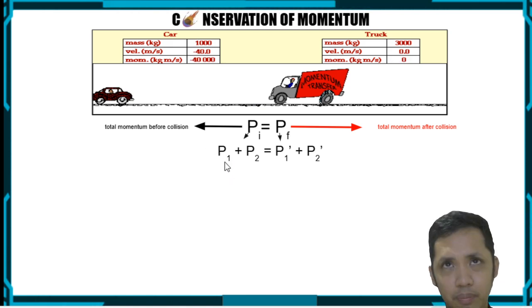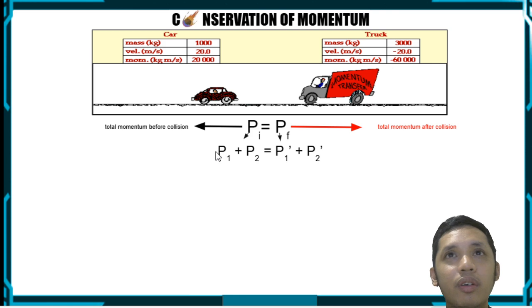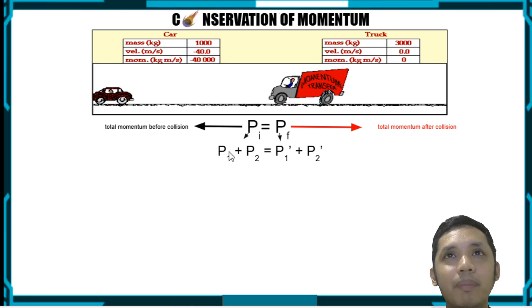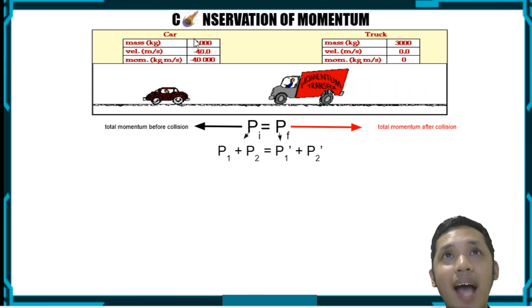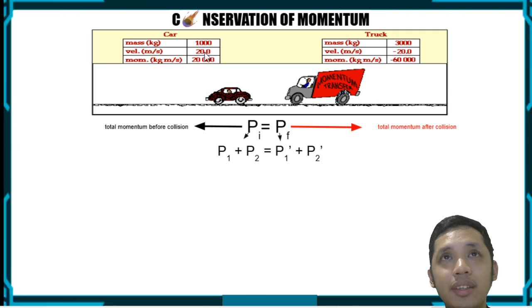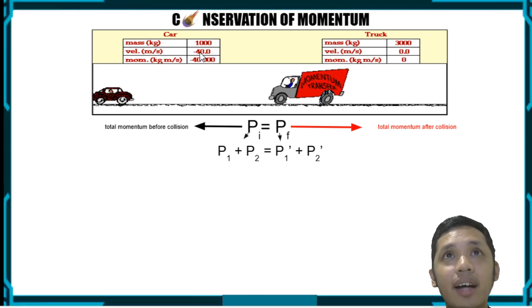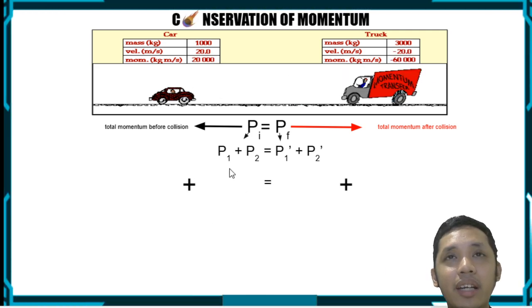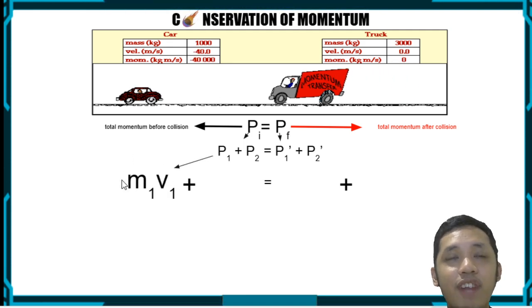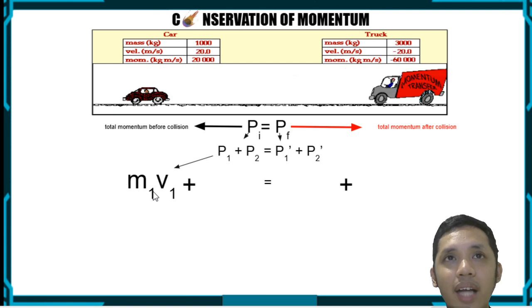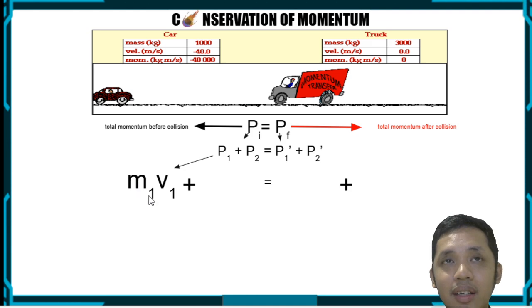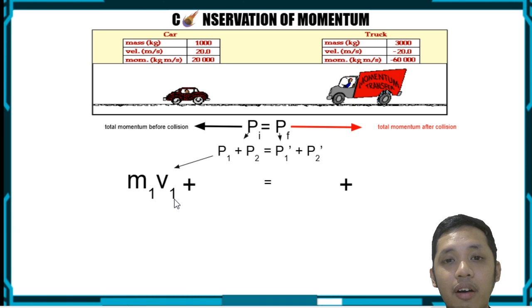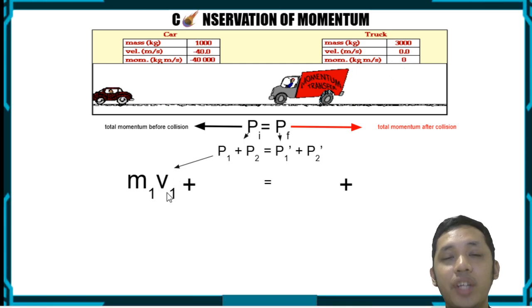So, for this scenario, the P sub 1, or the momentum of the first vehicle before the collision, is the mass of the first vehicle and its velocity before the collision. We can represent that by these variables, m sub 1 times v sub 1, the mass of the first car and the velocity of the first car before the collision.